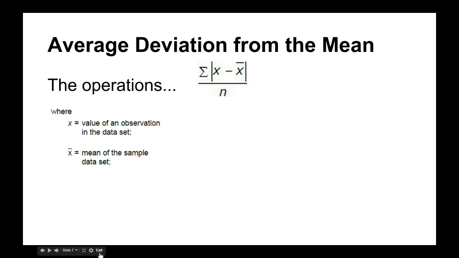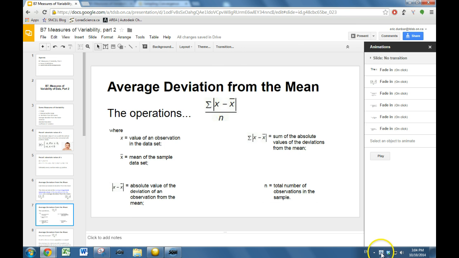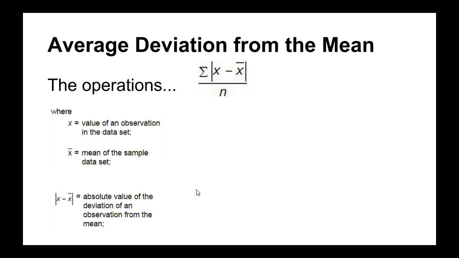In both cases, we're dealing with samples. When we take the difference of the two values, we have to take the absolute value, and that is called the deviation from the mean.